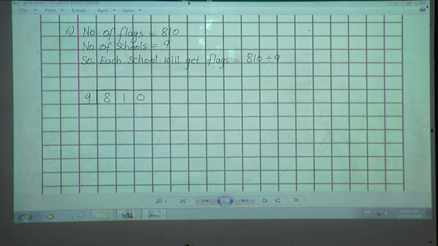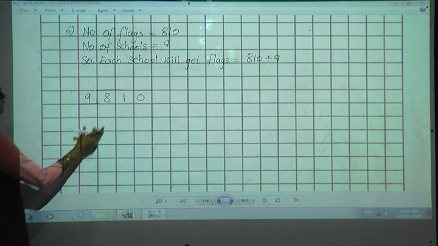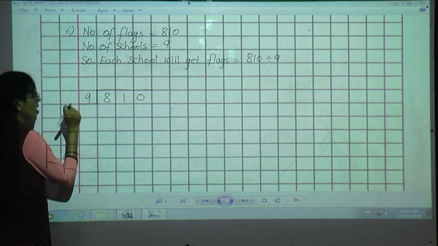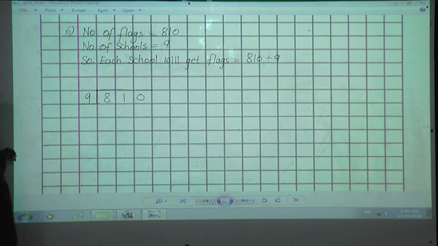Now 810, it is a 3-digit number, but if we see the first number, that is at the 100's place, that is 8, and 8 is smaller than 9. So here 8 by 9 we can't do. So at that time what we have to do? We have to take these two numbers together. Now 81 by 9.